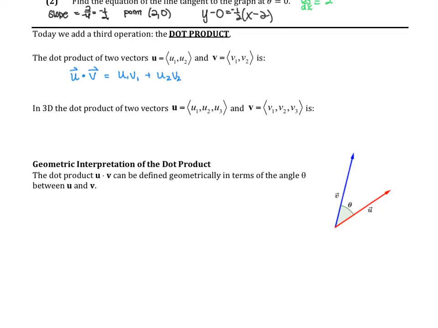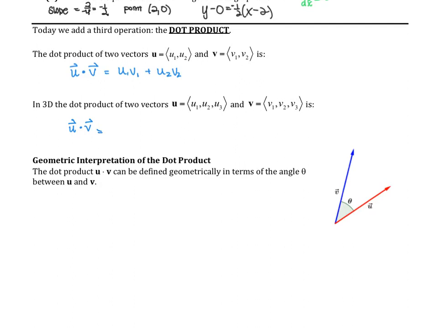Now in 3 dimensions, it's really not much different. When we do the dot product u dot v, we multiply the components, so we have u1 v1 plus u2 v2 plus u3 v3. And that's the dot product.